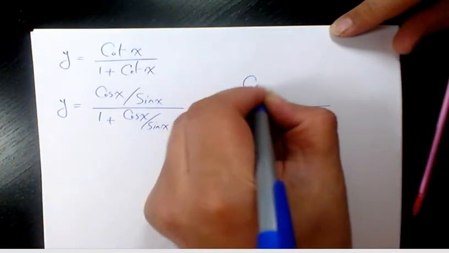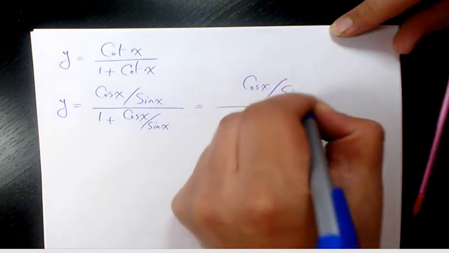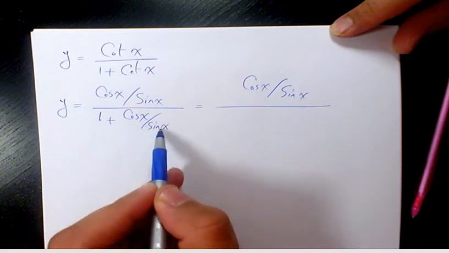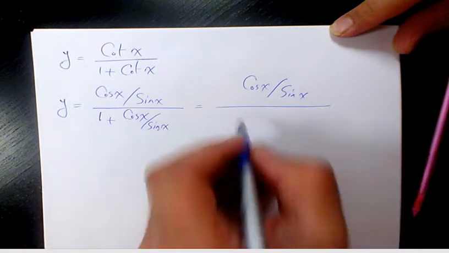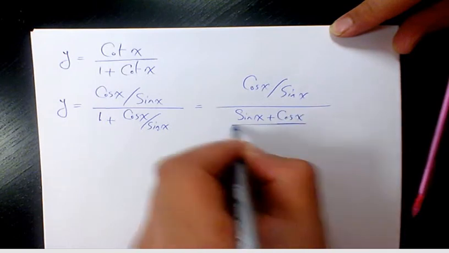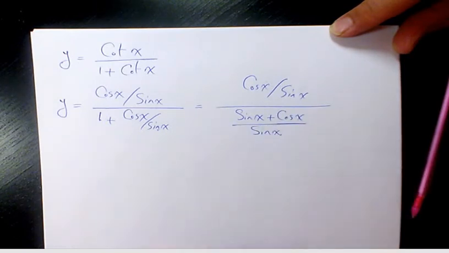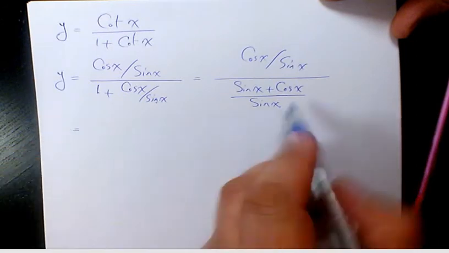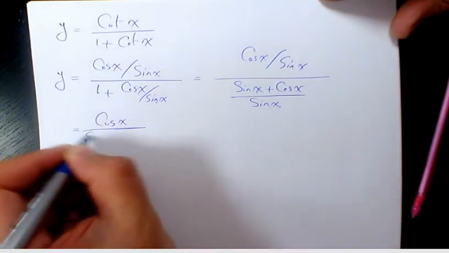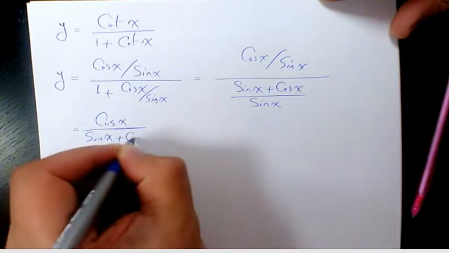Then in the denominator, we can have the common denominator. Instead of 1, I can write sine over sine because the denominator here is sine. So it's going to be sine x plus cosine x over sine x. Then these two cancel out and we're going to end up having cosine x over sine x plus cosine x.